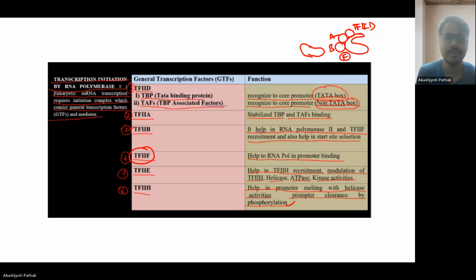Remember that this transcription factor 2H has helicase activity, and what is the other function of transcription factor 2H? It phosphorylates the RNA polymerase and helps the RNA polymerase to move from the promoter to the coding region of the transcription unit. That process is called promoter clearance.